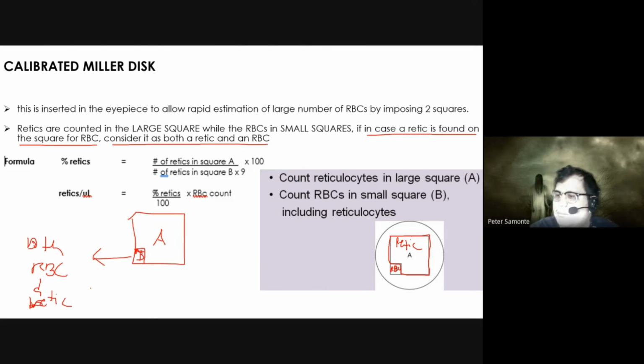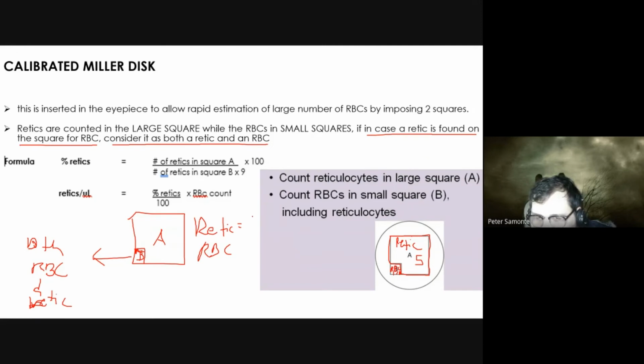Now, in cases where you would find a reticulocyte on the small square sa B, you would count it as both RBC and reticulocyte. So, an example class, may nakita kayong 5 retics dito. Sa RBC, meron kayong nakitang 10. Sa RBC, may nakita kayong isang retic. What is the final count, class? Ano ang final count nyo? 6 ang retic.